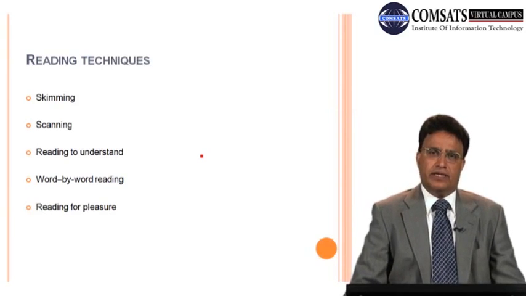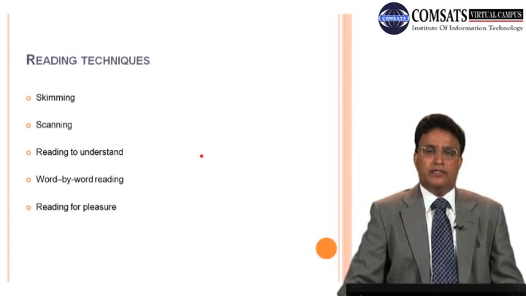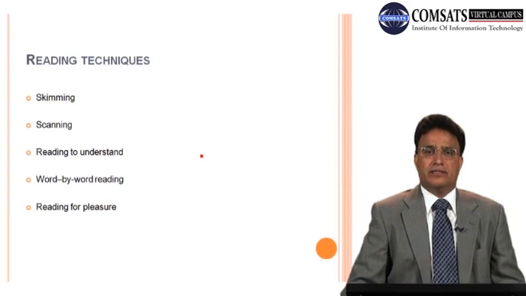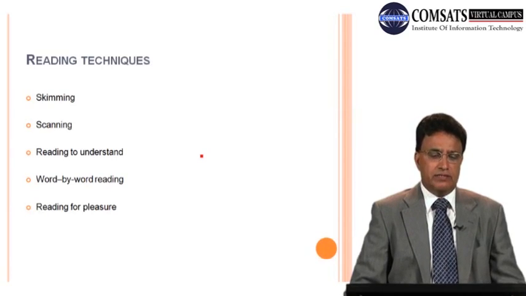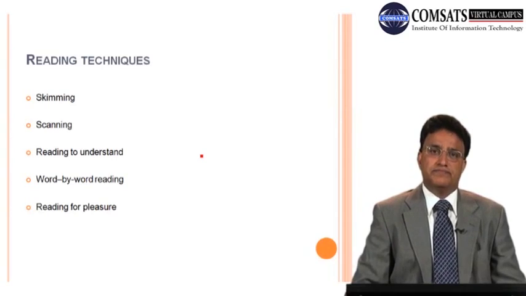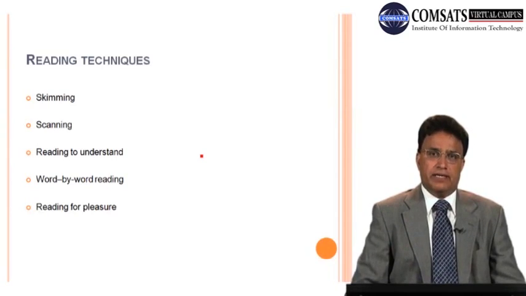Skimming is a kind of reading in which you just make a sense of the text by looking at its title, at the headings and subheadings, and by reading the first paragraph and the last paragraph. This kind of reading is called skimming.